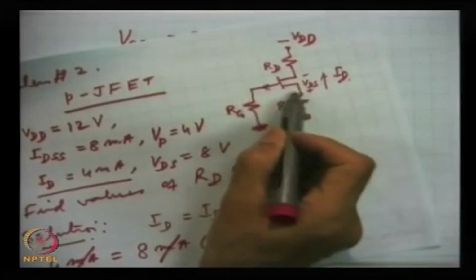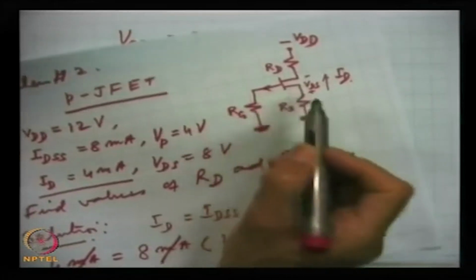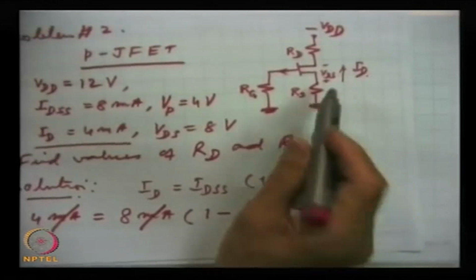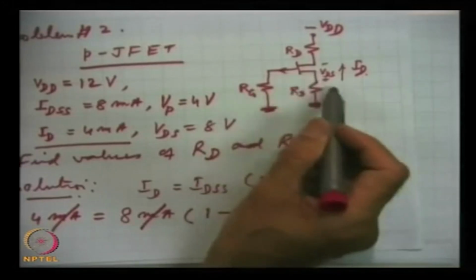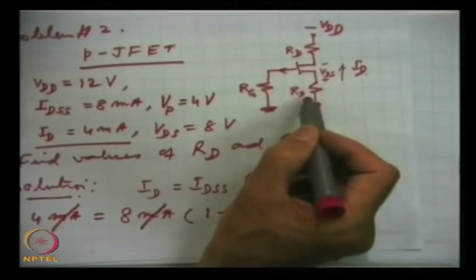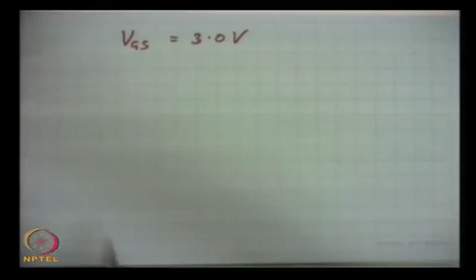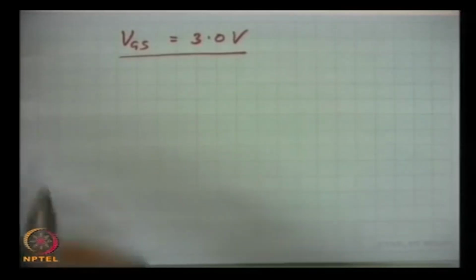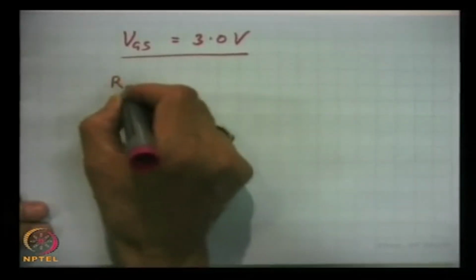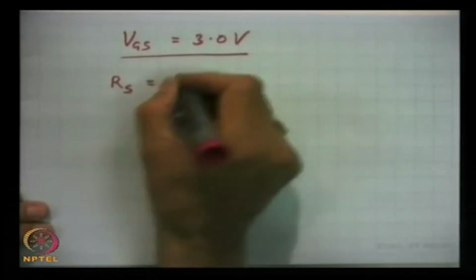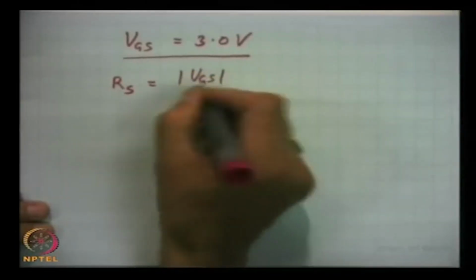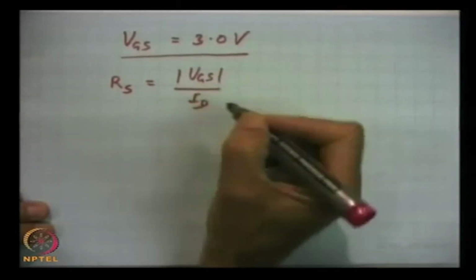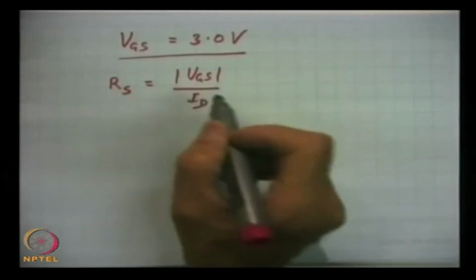VGS is 3 volts, and you will remember that it is a self bias circuit. So this 3 volts is to be provided by this resistor RS. Once we know VGS is equal to 3 volts, RS is equal to the magnitude of VGS by ID, which gives the value of resistance.